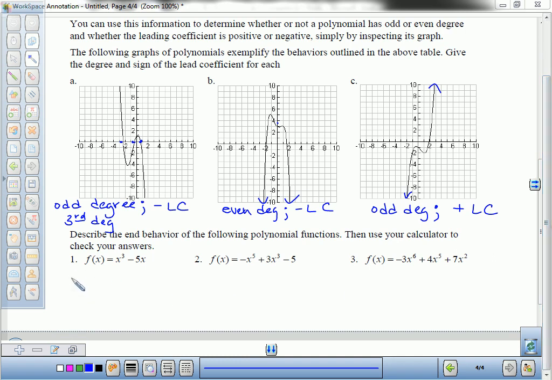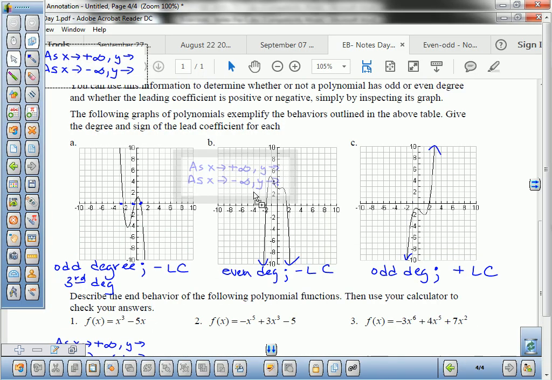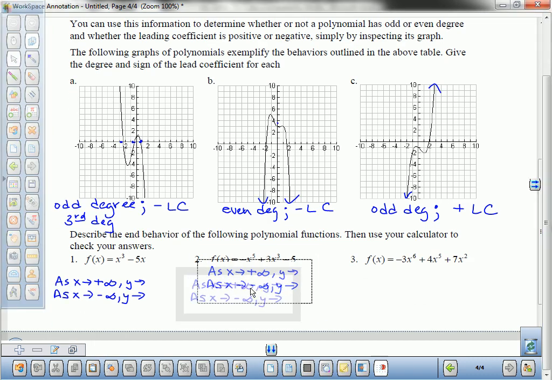All right, so on these, without looking at the graph, we should be able to state as x approaches positive infinity and as x approaches negative infinity, what is y doing? What is y doing? So for each of these, we should be able to complete this statement.